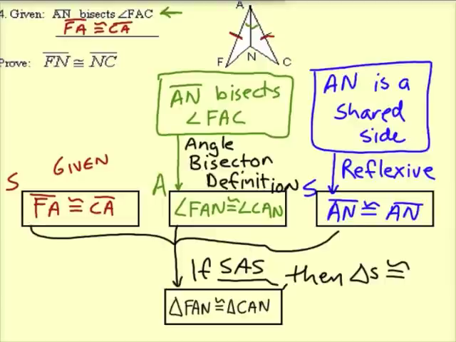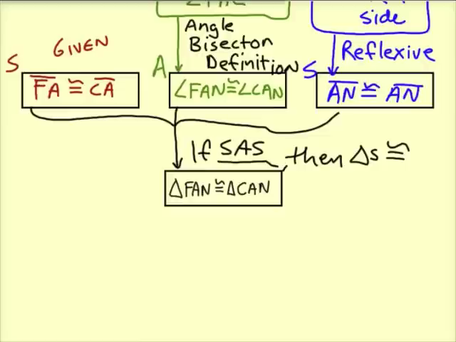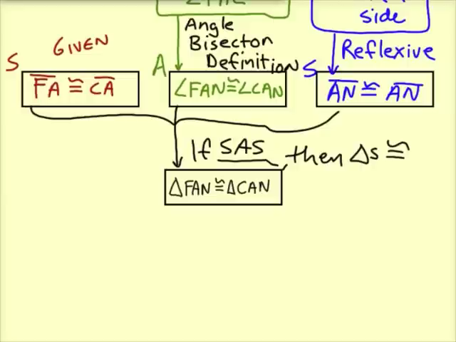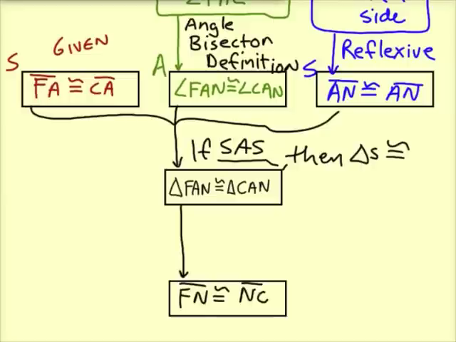And then, lastly, let's make sure that we proved what it is we're trying to prove. We wanted to prove that segments FN and NC, in other words, these little segments, are congruent, which we can prove using the CPCTC. So here we have established that the two triangles themselves are congruent, and so therefore all of their parts will be congruent as well. We mentioned that before, that's the CPCTC.